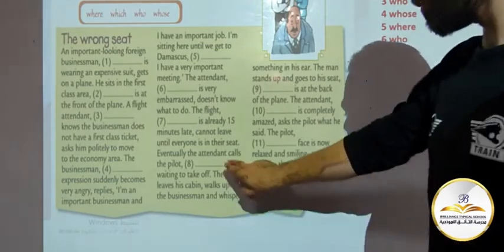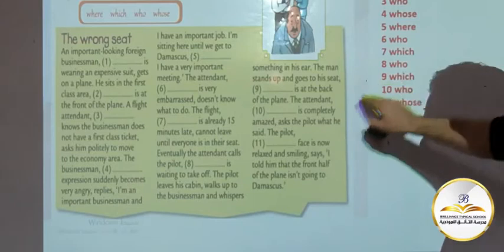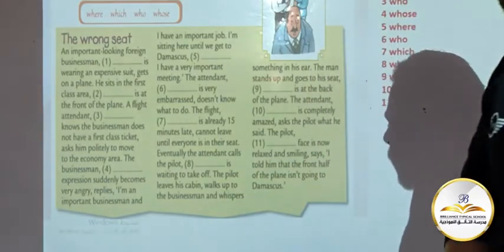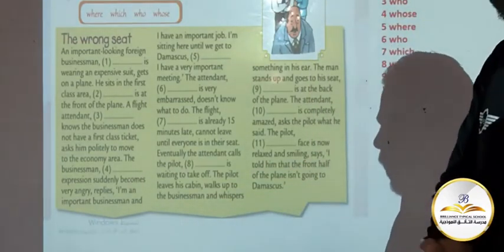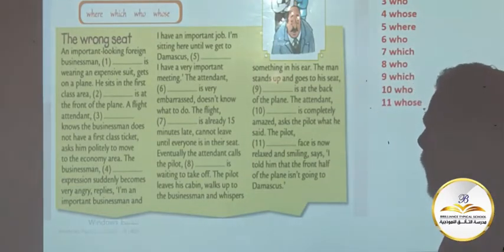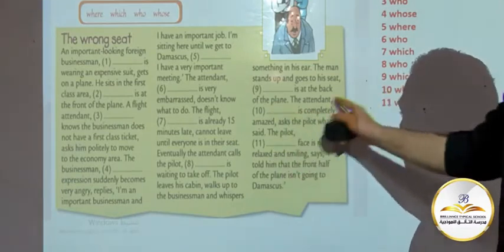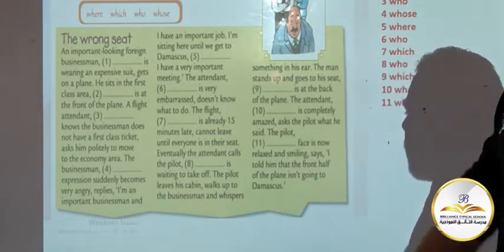Eventually, the attendant calls the pilot, who is waiting to take off. The pilot leaves his cabin, walks up to the businessman and whispers something in his ear. The man stands up and goes to his seat, which is at the back of the plane.